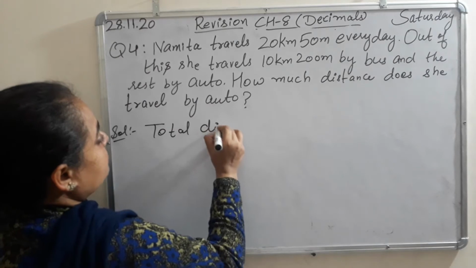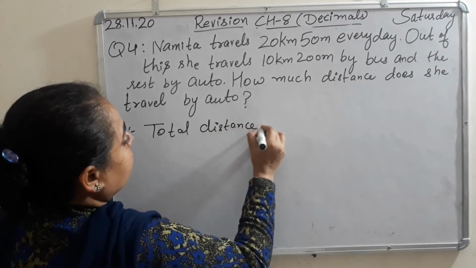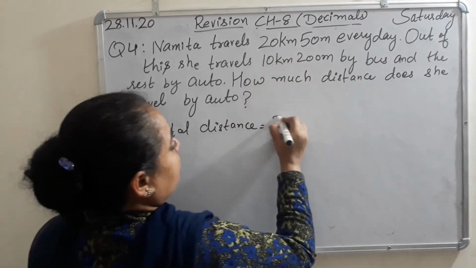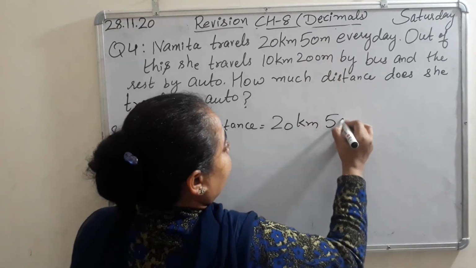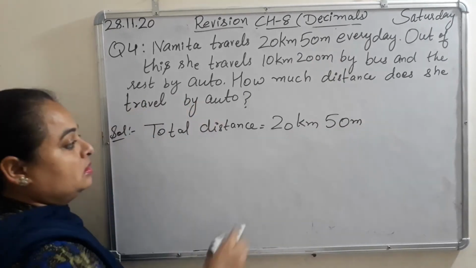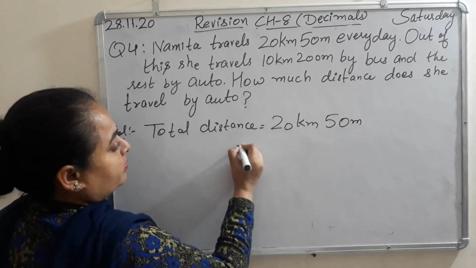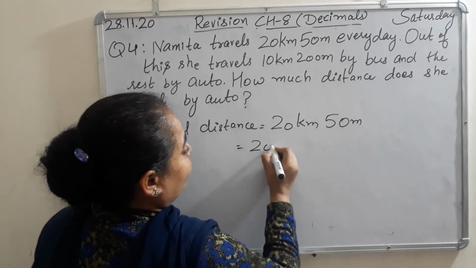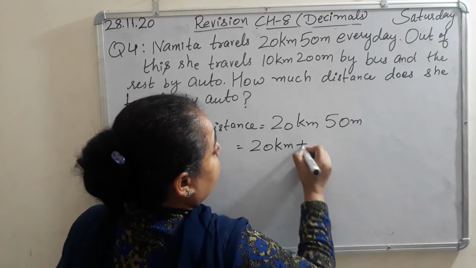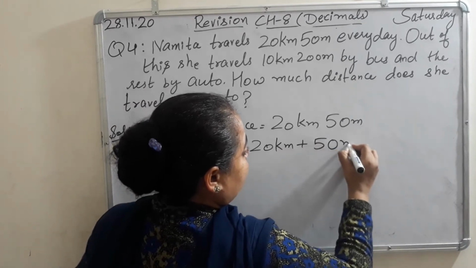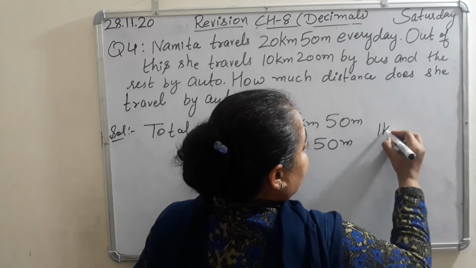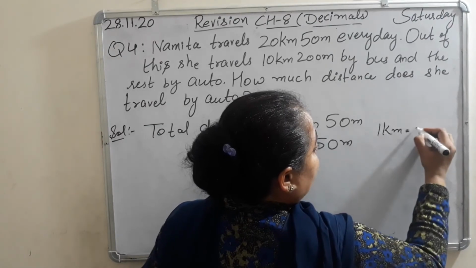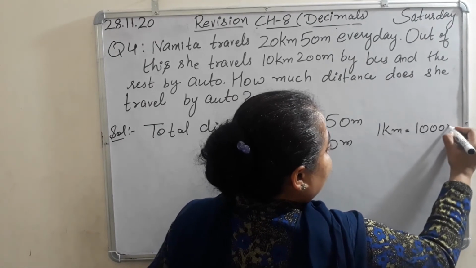Total distance 20 kilometer 50 meter. Now this is 20 kilometer plus 50 meter. As we know, 1 kilometer is equal to 1000 meter.